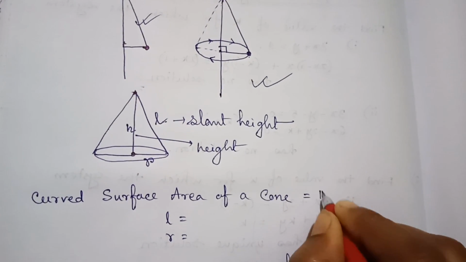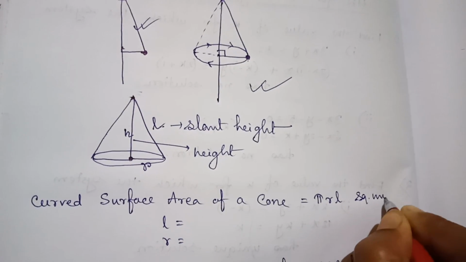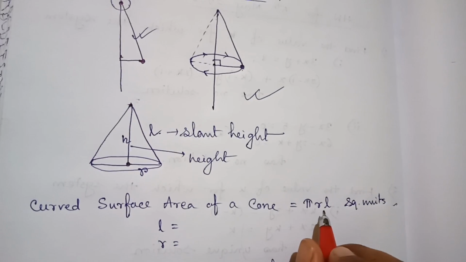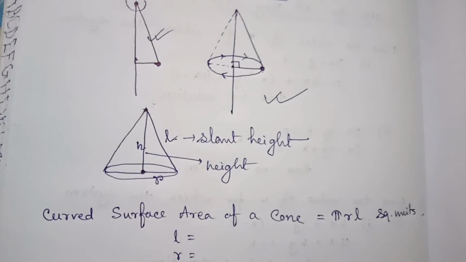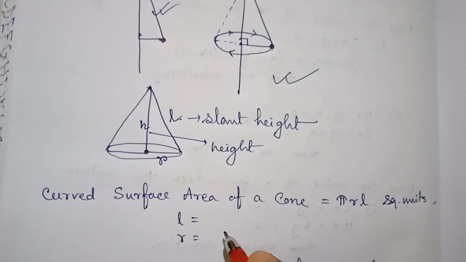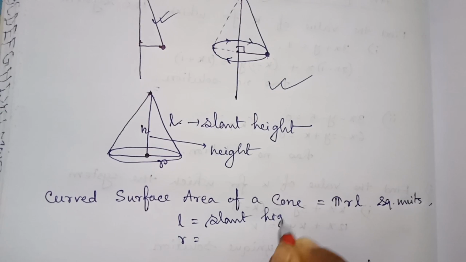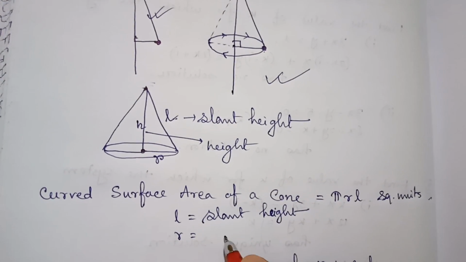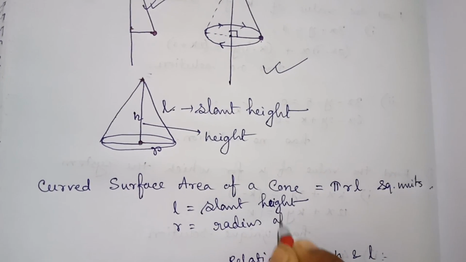Its formula is pi r l square units. Curved surface area of a cone is pi r l square units, where l is slant height and r is radius of the base.